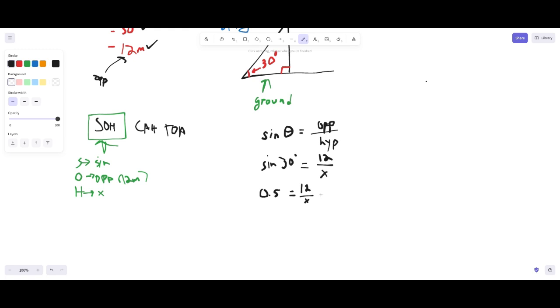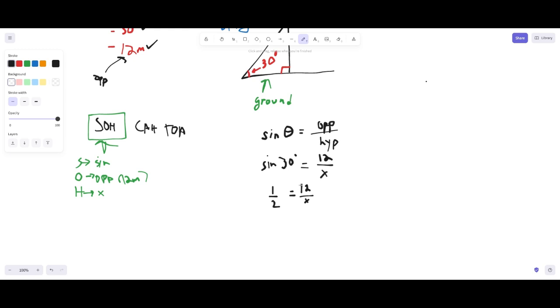And so that equals 12 over x. Okay? So in this case, what you would do is you just add a 1 over it. All right? And then you do your cross multiplication. But since 0.5 can be simplified to a fraction, it would just be better to have it in fraction form.